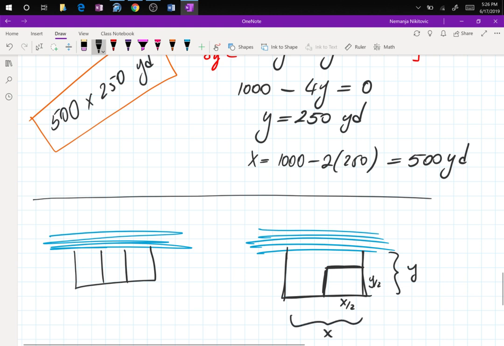So you can play these games, and the objective equation is always x times y equals a max, because that's what the problem wants, to maximize the area so that we can have the most of the vegetables or the most of the animals in that area.